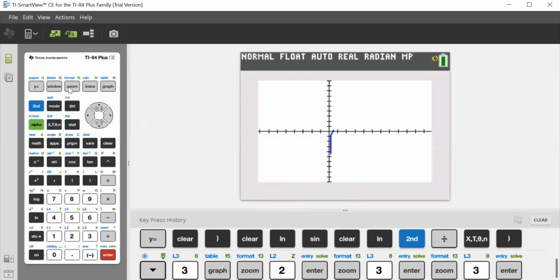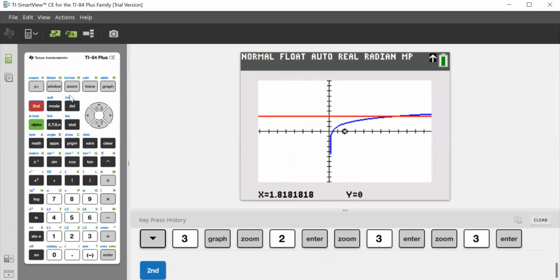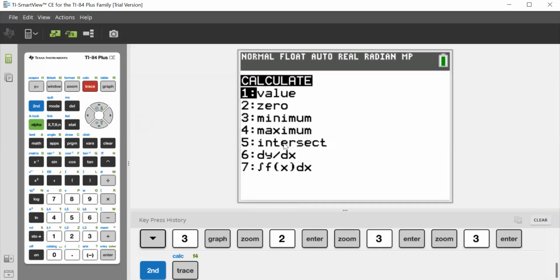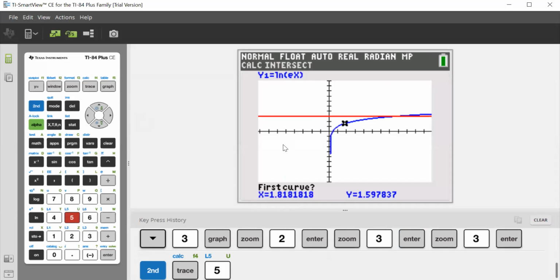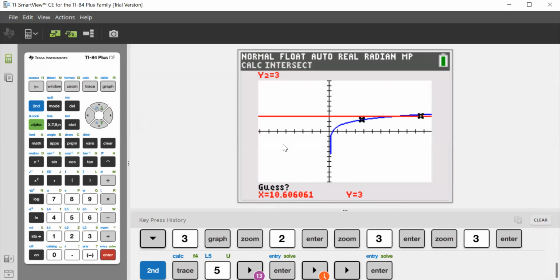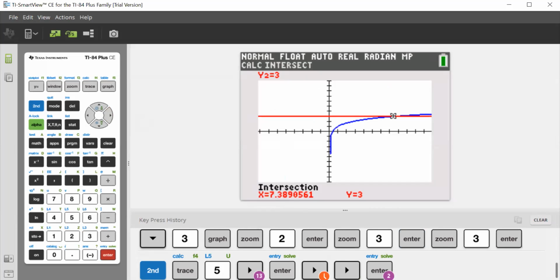There we go. To calculate our intersection point, right? We second calculate intersect, and we pick a point that's to the left of the intersection, and then we pick a point that's to the right of the intersection, and get 7.3890561. Everybody good with that?